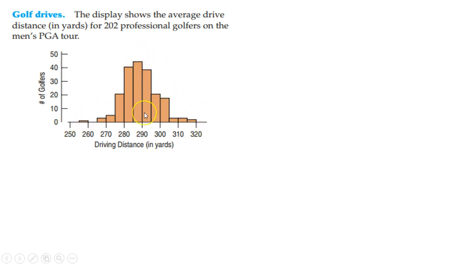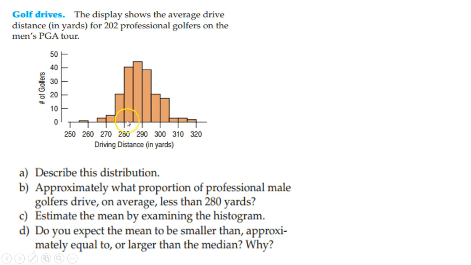It doesn't look overly skewed in one direction or another, with the middle probably somewhere around the 285, 290 range, with no real outliers. And the spread is probably from the low around 255-ish, maybe, to 320.